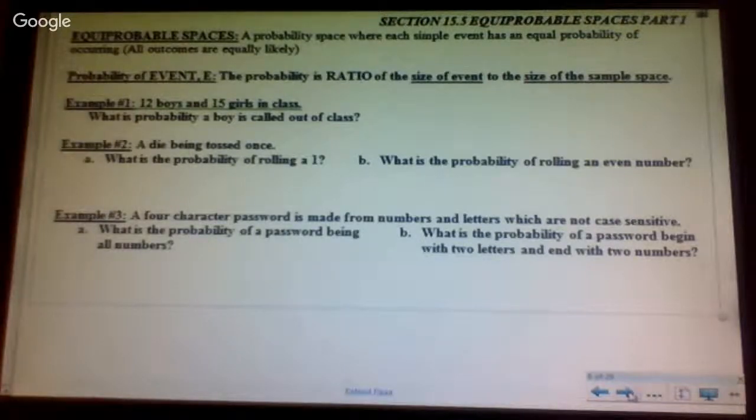So, example 1, I have 12 boys and 15 girls in a class. What is the probability that I call a boy out of the class? 12 out of 15.